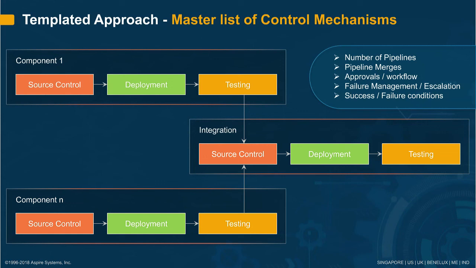So when it fails, you need to have a control mechanism to say what happens, who decides on what happens, and does someone allow it even though it has failed at some point, or should that component be ignored and still the product be released? So these rules and setup have to be again maintained and managed.